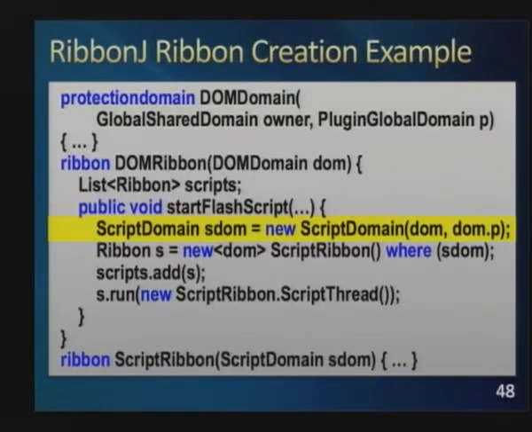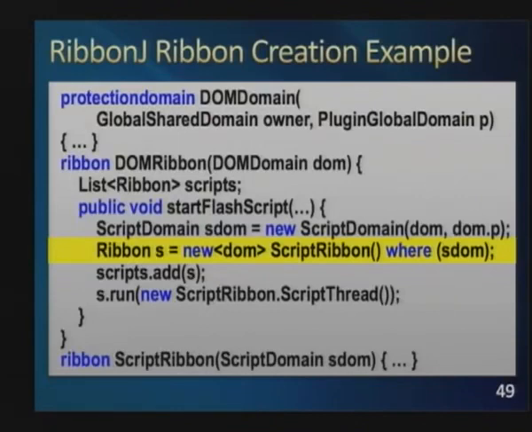Those arguments, notice, are exposed as fields, so we can just use the instance of that protection domain, DOM.p, which is referring to the argument of the protection domain. Then here we just create the ribbon object like normal, but notice we've got this new where keyword here.